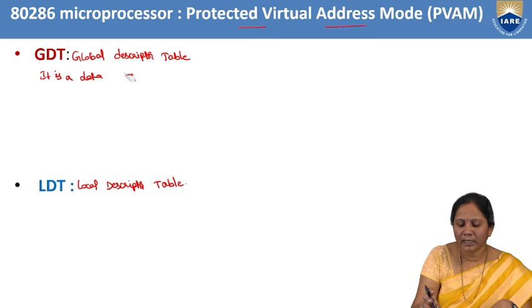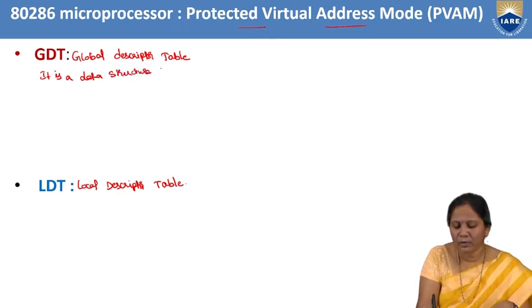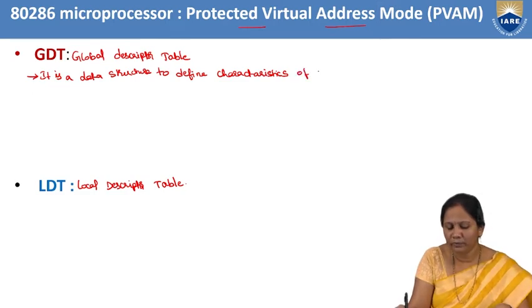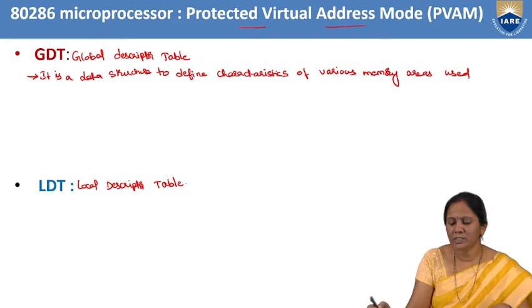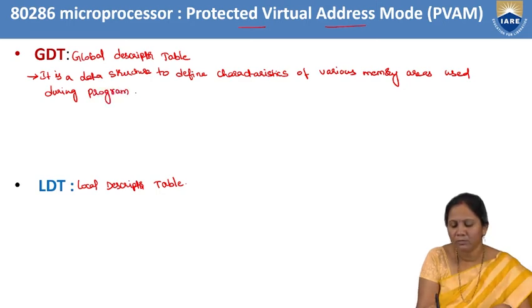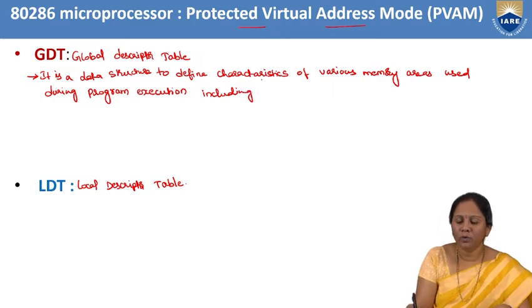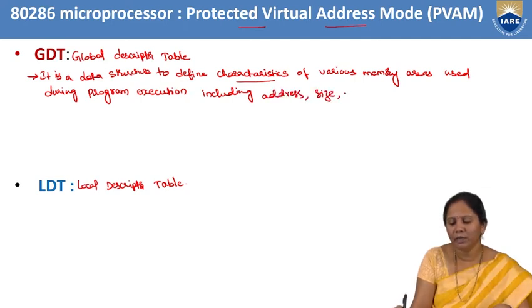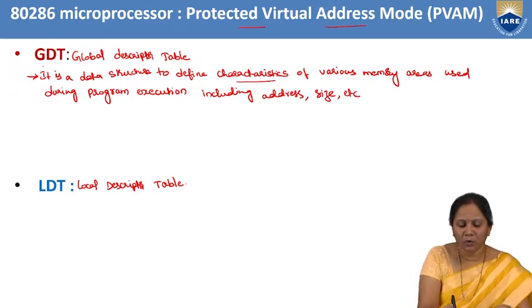It is a data structure used to define the characteristics of various memory areas used during program execution, including the address and size of the memory. All these characteristics can be indicated in the global descriptor table.